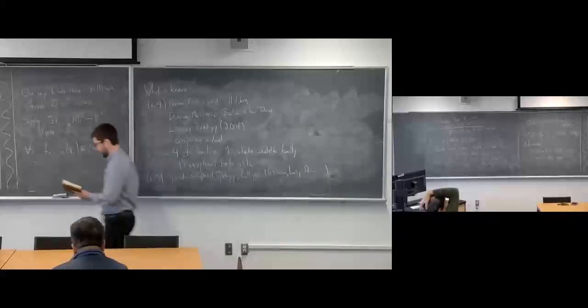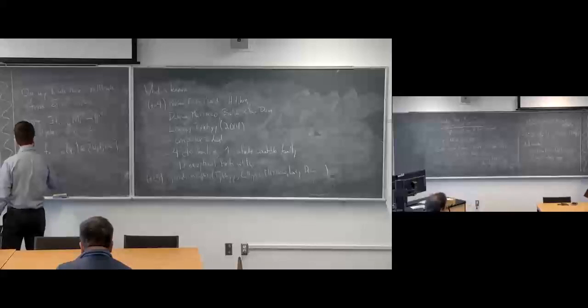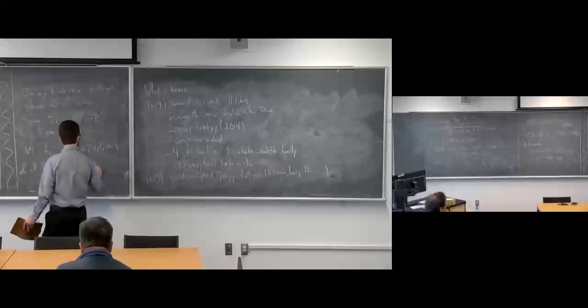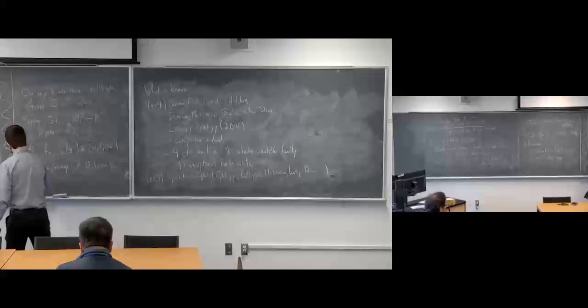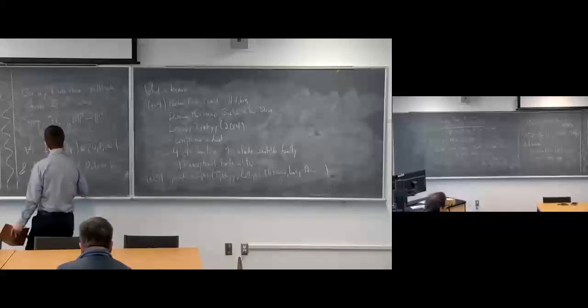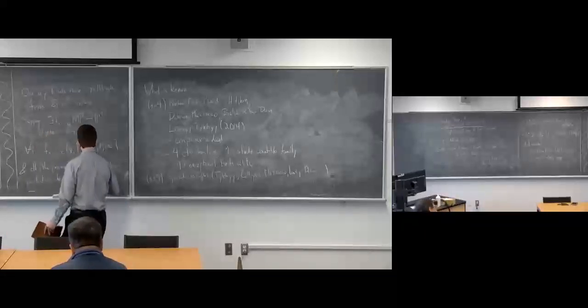And second of all, other preimages of 0, 1, and infinity are ramified, so they have ramification order divisible by some fixed numbers n_0, n_1, and n_infinity.